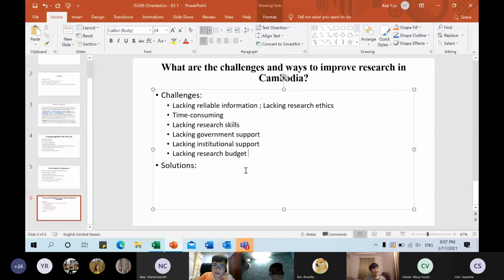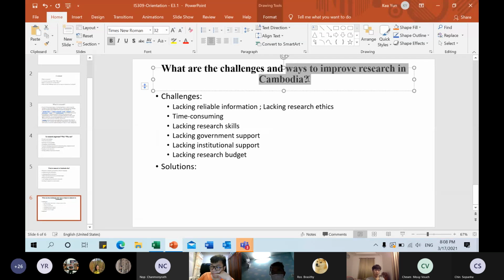Okay, so let's come to the solution, the last part. So how to solve, how to improve research, everyone? How to improve research in Cambodia? If I ask this question in the midterm, in your semester exam, what is your answer?